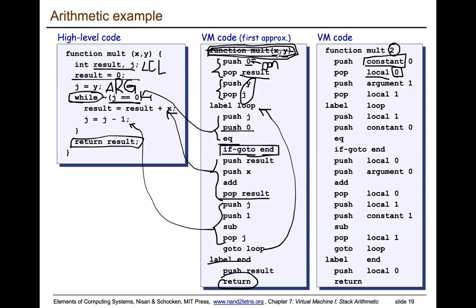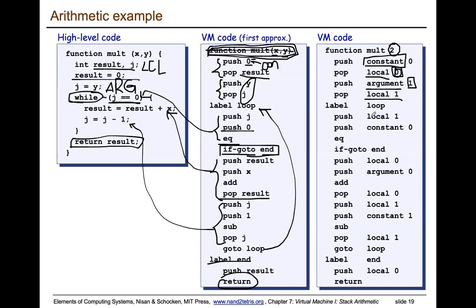X is argument 0, and y is argument 1. Then j is local. Since the result already takes the first position at the local segment, j will be the second position, so you get local 1.